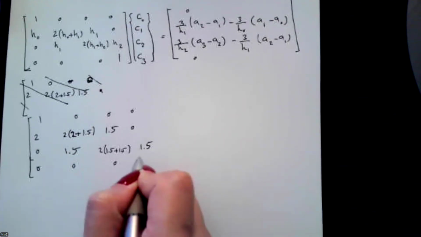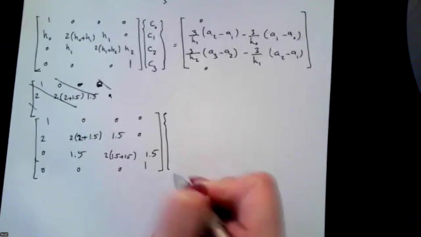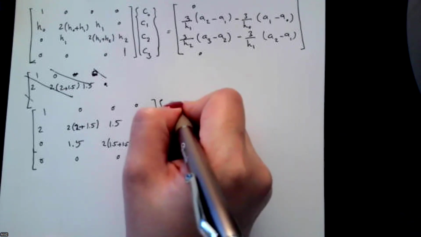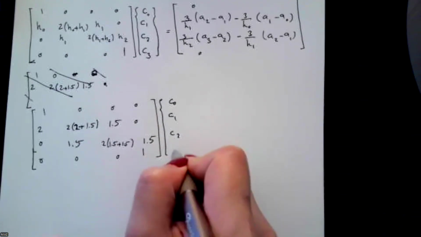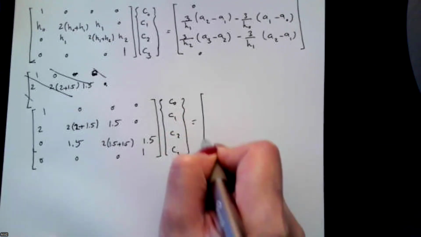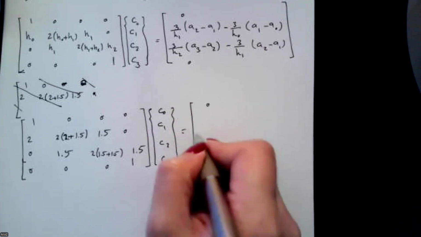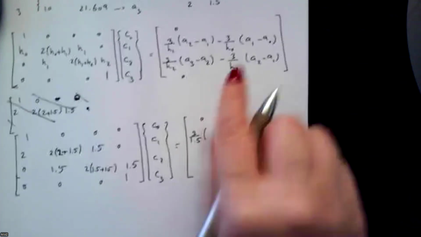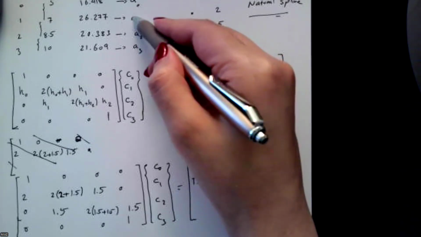Then 0 0 0 1. And this is the right hand side. A2 minus A1 is these two values.